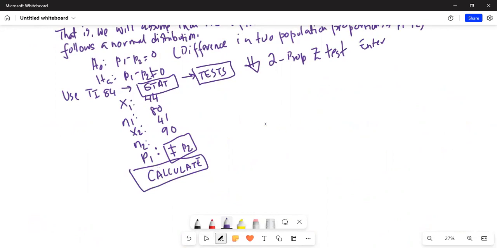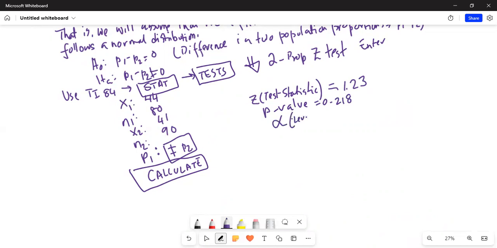So the test statistic z, which is your test statistic, is equal to 1.23, and the p-value is 0.218. Okay, alpha value given.